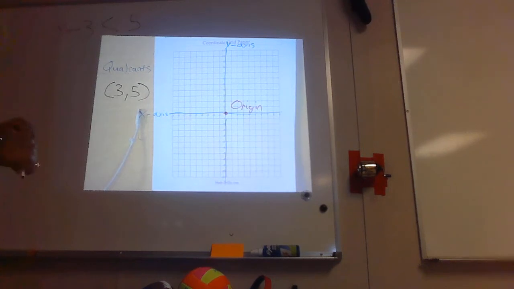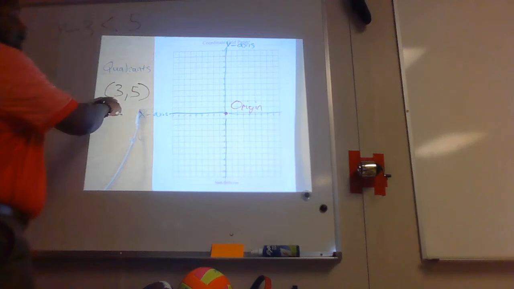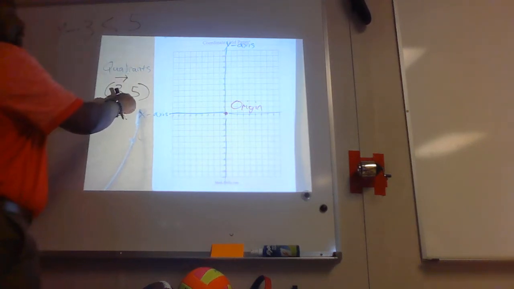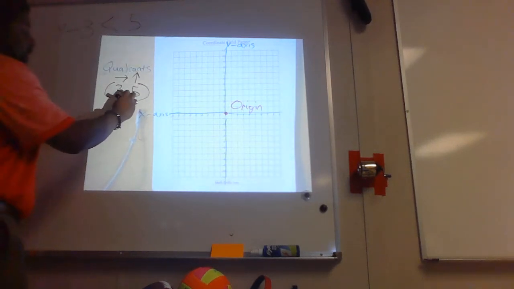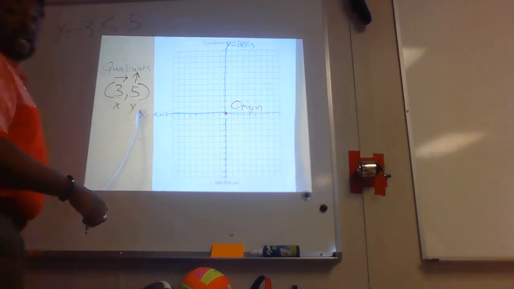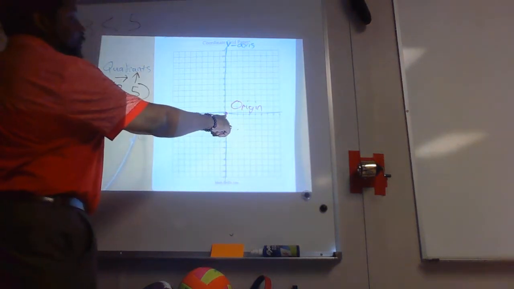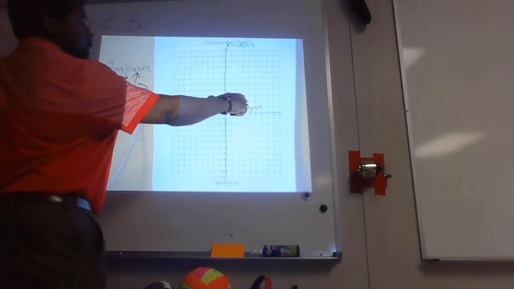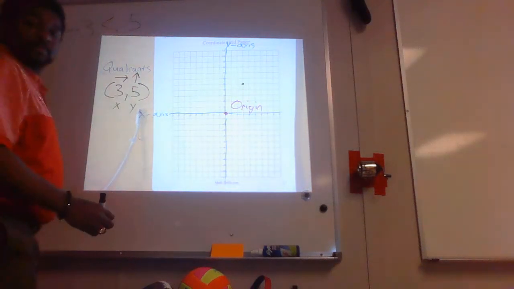I need to start at my origin, where all my points start. Since it's a positive 3, I'm going to go to the right. Since it's a positive 5, I'm going to go up. These are called our x and our y values. They tell you how many spaces to go on your x-axis and how many spaces to go on your y-axis. So from my origin, I go positive 3, that's 1, 2, 3, and up 5, 1, 2, 3, 4, 5. 3, 5 is actually right there.